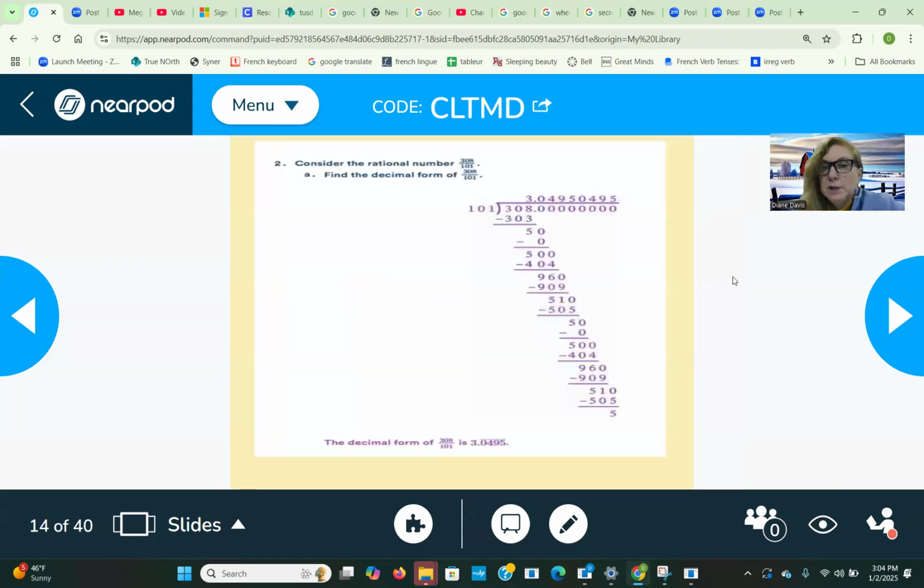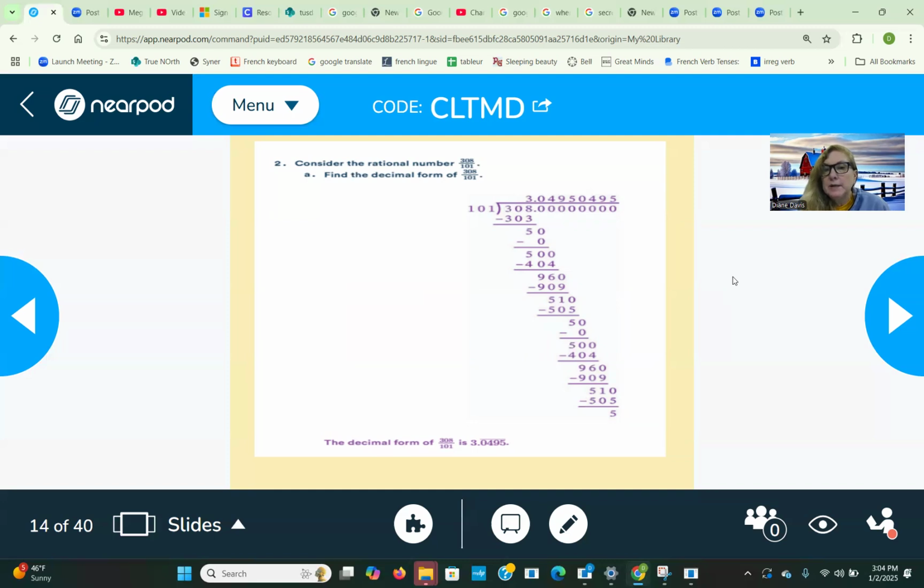Okay, resuming, here's what you should have done. 308 divided by 101. You ask yourself, how many times does 101 go into 308? You can round it off to 100 into 300. 3 times 101 is 303.